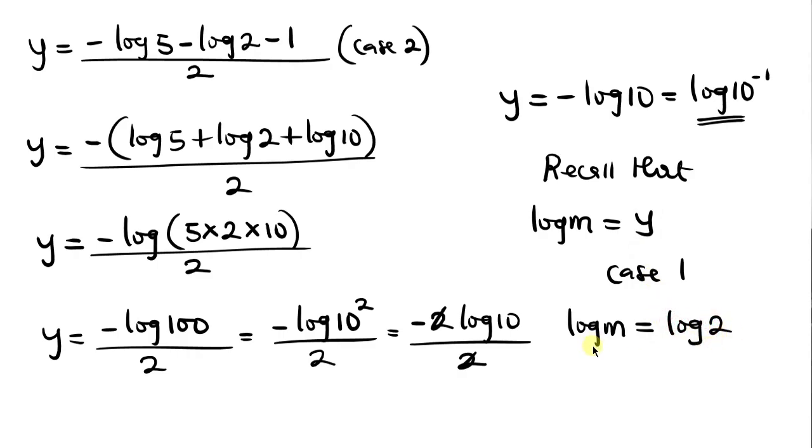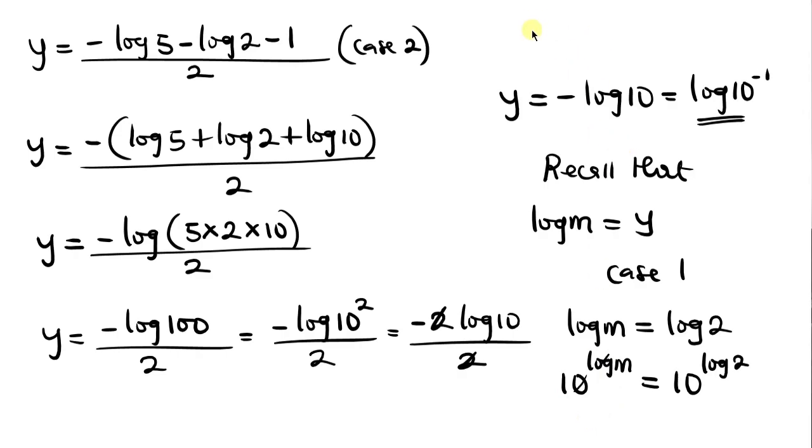And in order for us to get the value for m, we're going to be taking the anti-logarithm of both sides. So this can be written as 10 to the log of m equal to 10 to the log of 2. And remember, from the law of logarithm, the base here of this log is 10. And as long as this base is the same thing, 10, that means they cancel off, leaving just m.